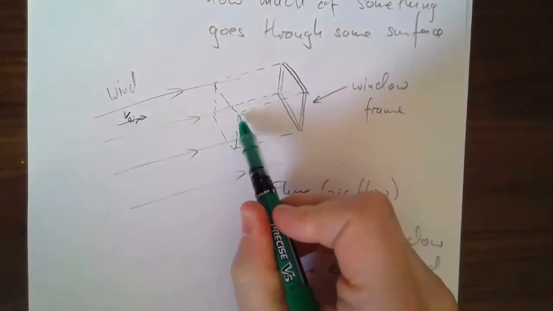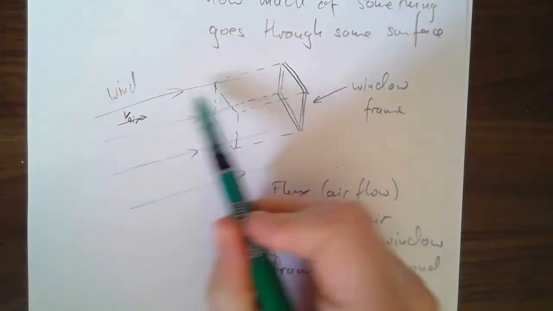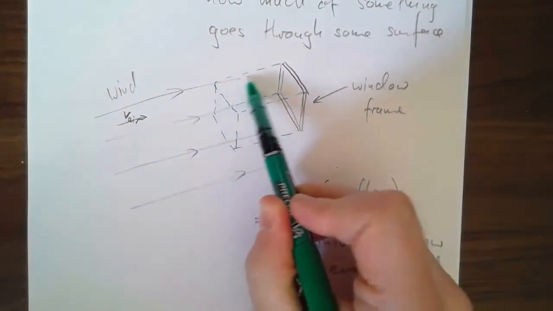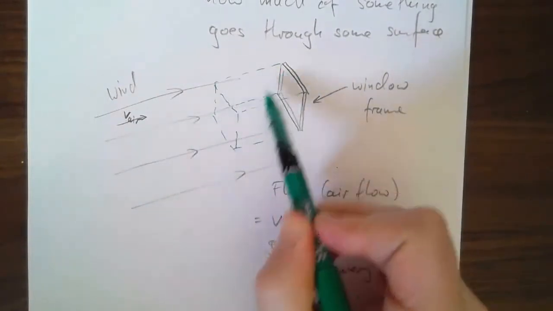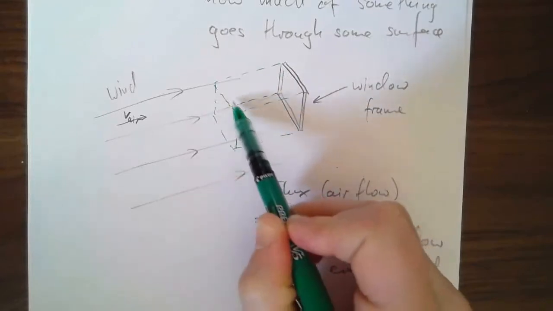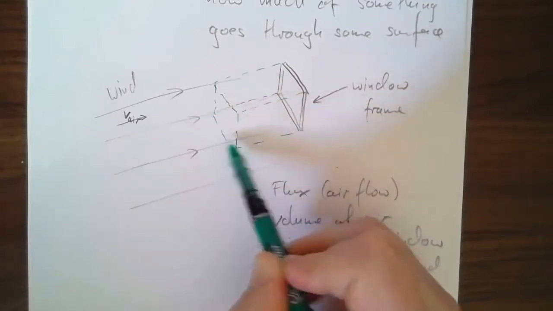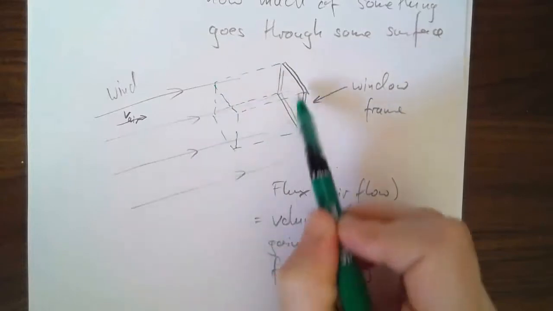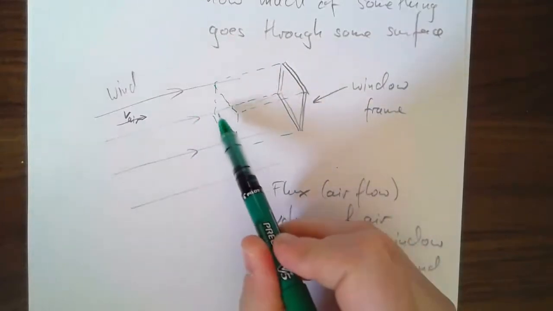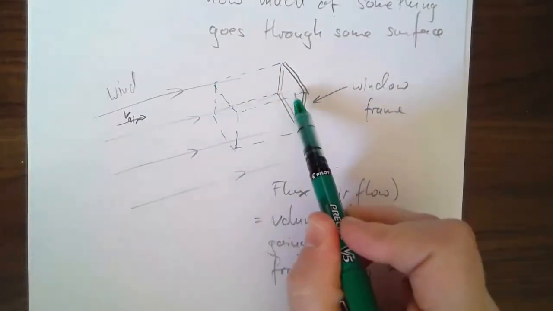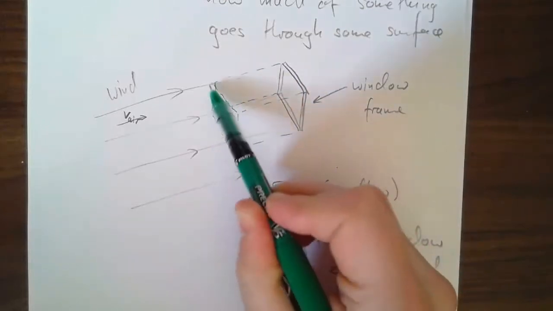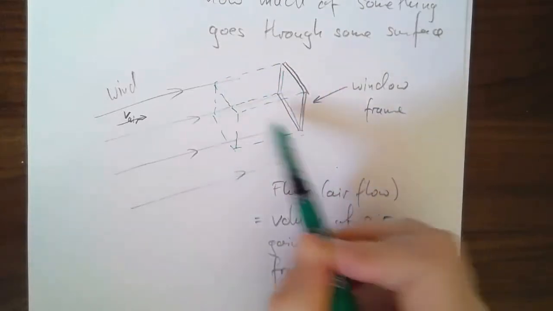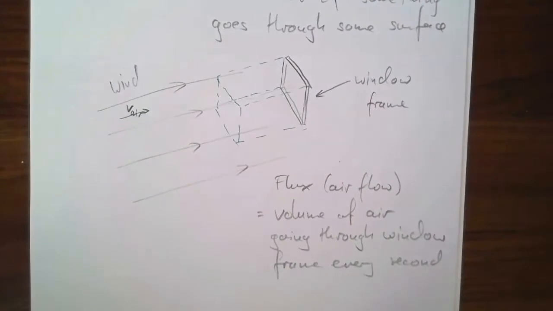And if the air goes at, say, 2 meters per second, and this box is 2 meters long, then this cuboid of air is what's going to make it through the window. So everything inside this volume is going to go through the window.